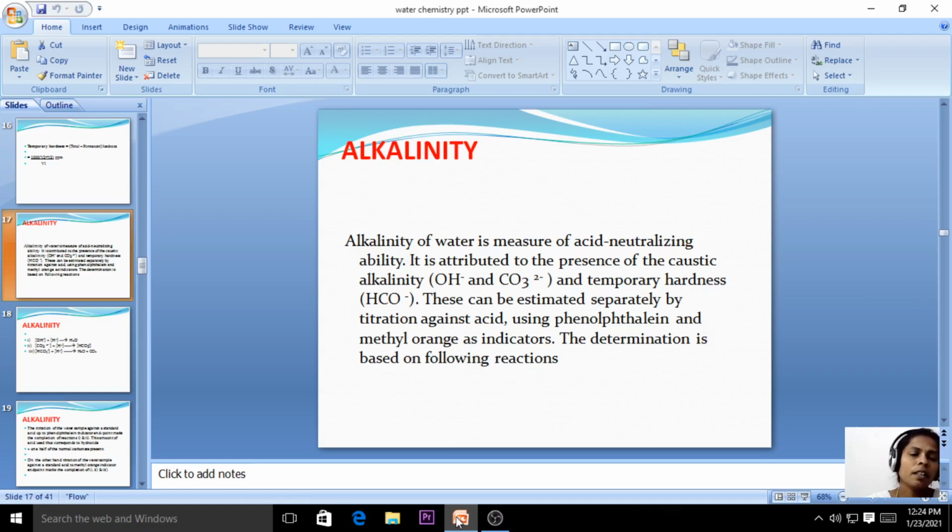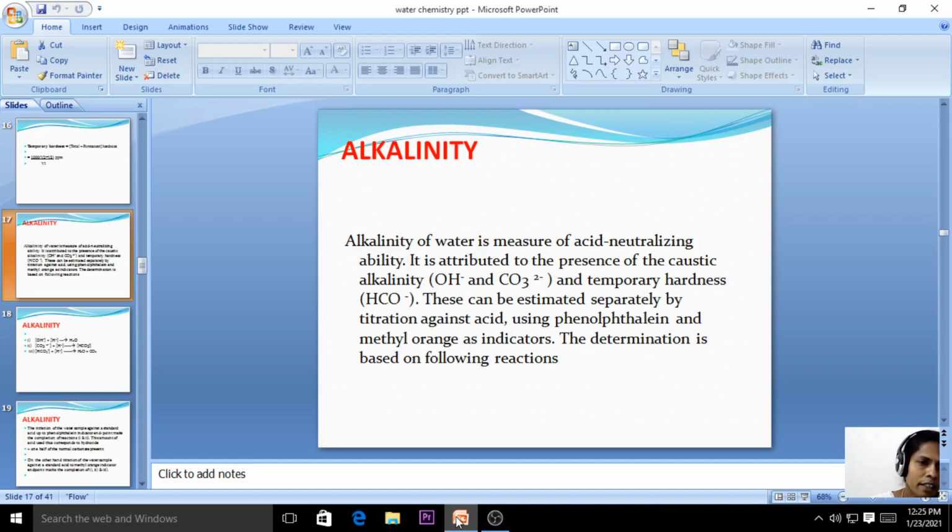Before that, maybe you have heard about acids and bases. You know about the acids and the bases. The other name of base is alkaline. Basicity is nothing but the alkalinity. But how can you find the basicity of the given solution? The basicity can be determined by titrating with the acid solution.